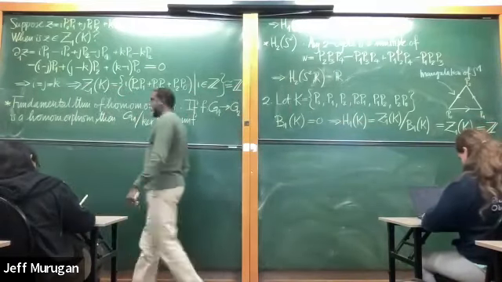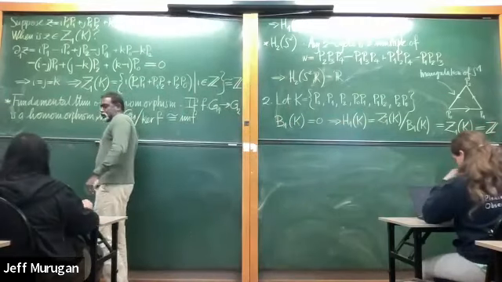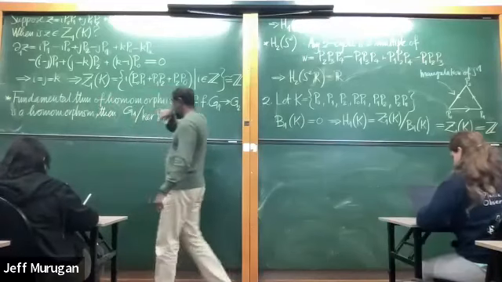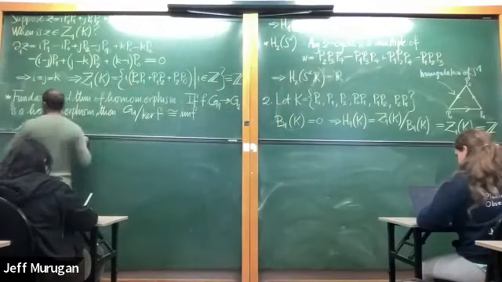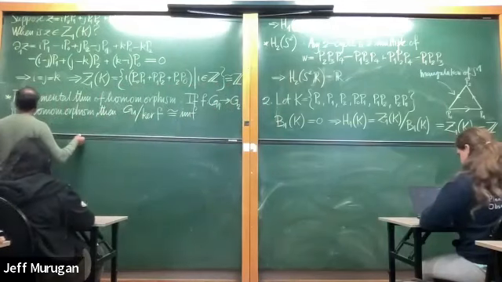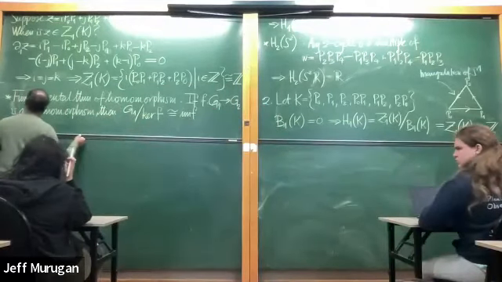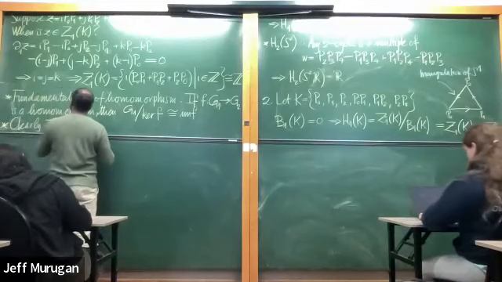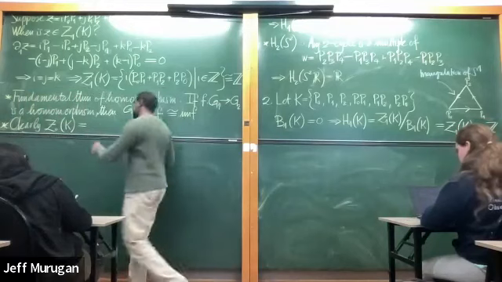So what has it got to do with calculating H0? Well, to calculate H0, I have to calculate what Z0 is and what B0 is. So Z0 is the same as C0.